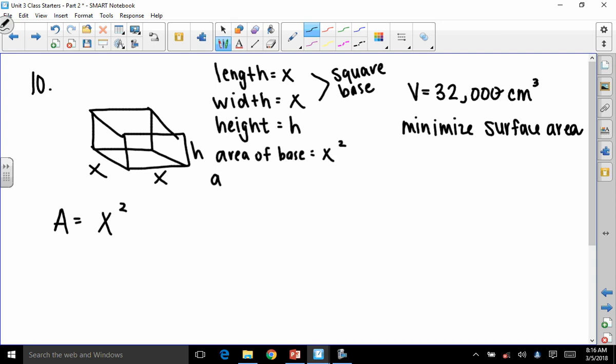And then we need to know the area of each side, yes? Well, how would you find the area of one of these 4 sides of the box? X times h, right? Think about it, it's just a rectangle, so the area of this rectangle would be x times h, yes?